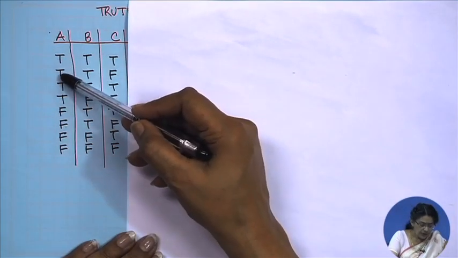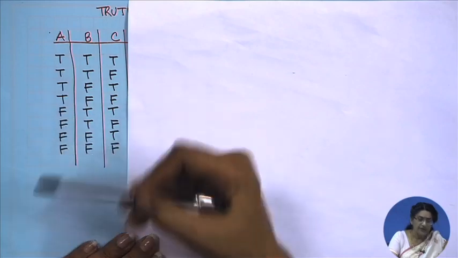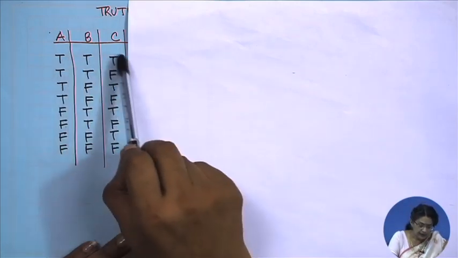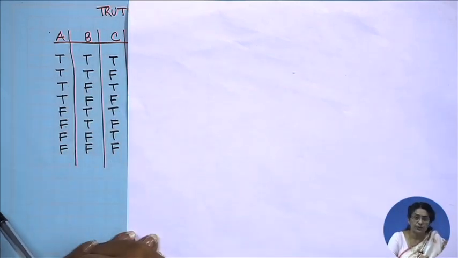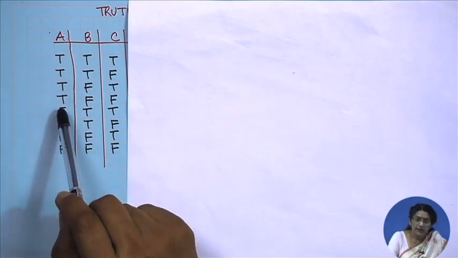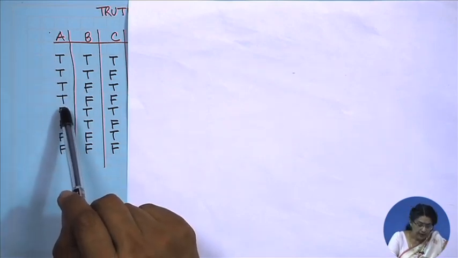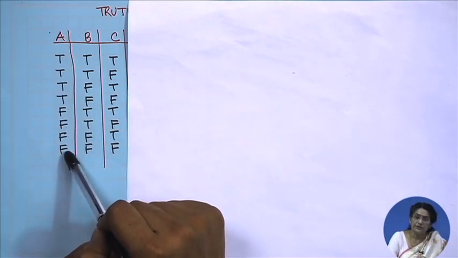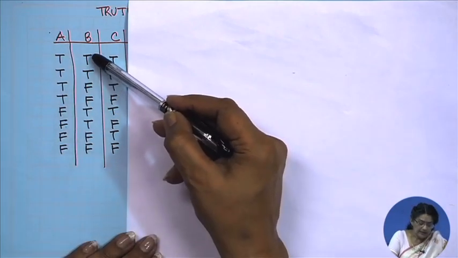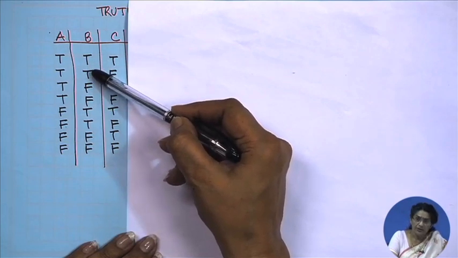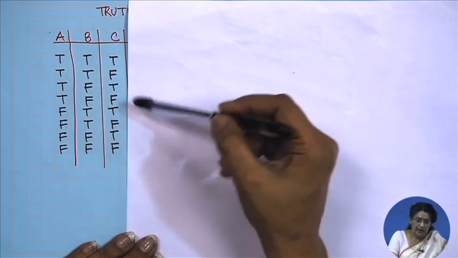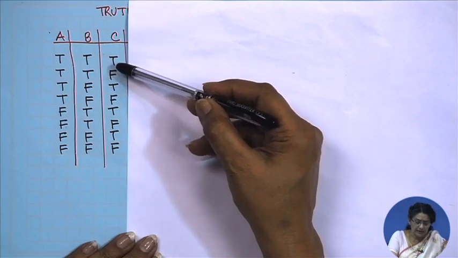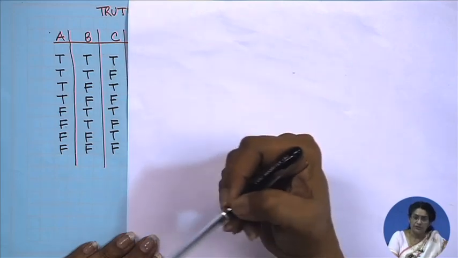So, 8 rows, 1, 2, 3, 4, 5, 6, 7, 8, and look at the way the truth values are distributed. For the first column, T's consecutive and F's consecutive by 4. This is by 2, consecutive T's and F's, and this is by 1, T and F alternating.